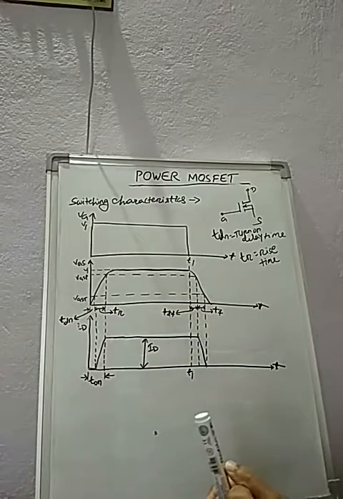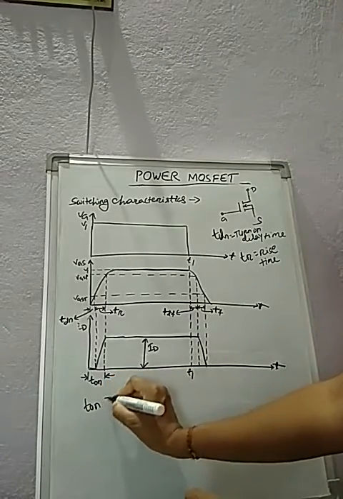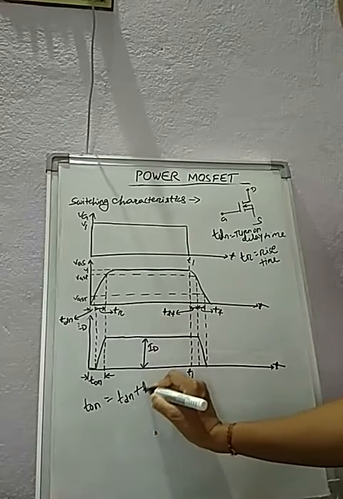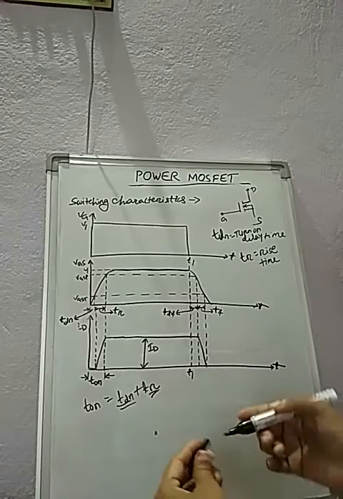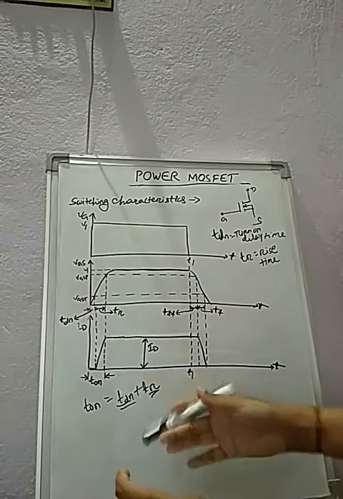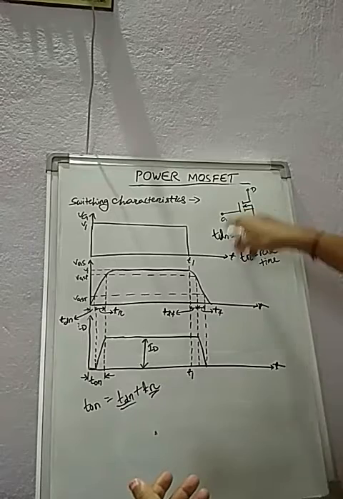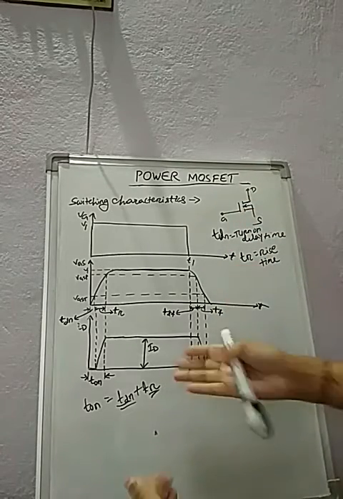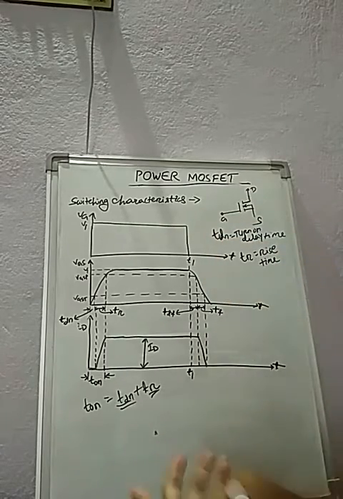Hence the turn on time, Ton, is a combination of TDN plus TR: turn on delay time plus rise time. Clear? The turn on time can be reduced by using a low impedance gate drive circuit. If the impedance of this gate drive circuit is low or minimum, then the turn on time can be reduced and the MOSFET device turns on quickly.